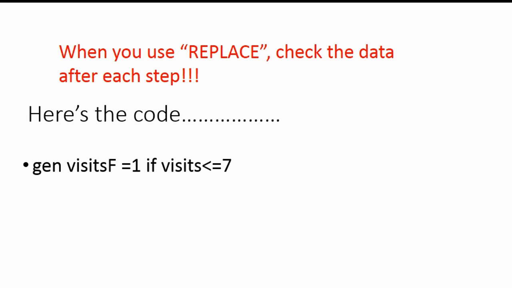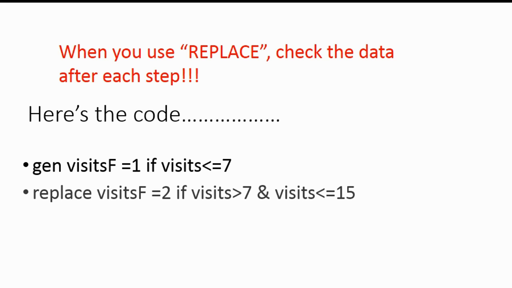So what do we do? Well, the next line of code should say, replace whatever the value in visits f is, and make it equal to 2 if and only if the original variable visits is greater than 7, and also this original variable is less than or equal to 15.